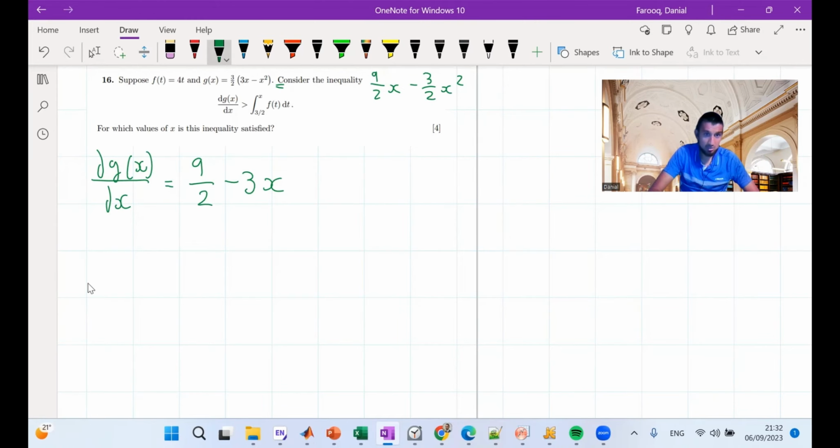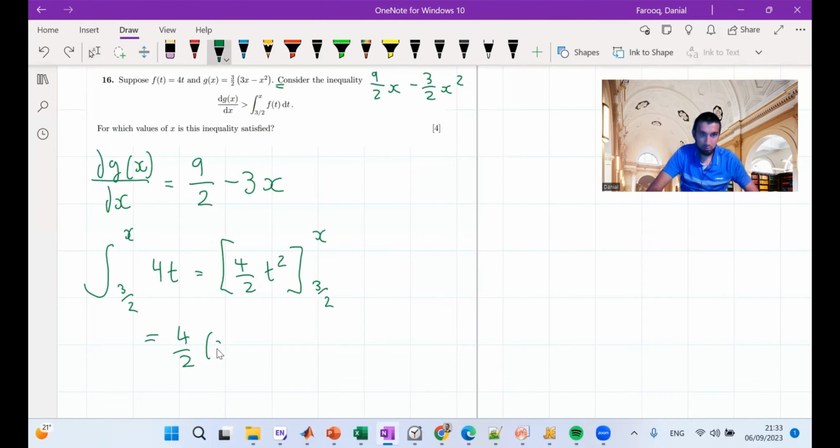And now let's do the integral from x to 3 over 2 of f(t), which is just 4t. So to integrate, we add 1 to the power and then divide by it. So this would just be 4 over 2 t squared. And then we need to do it from x to 3 over 2. So then we substitute the x in.